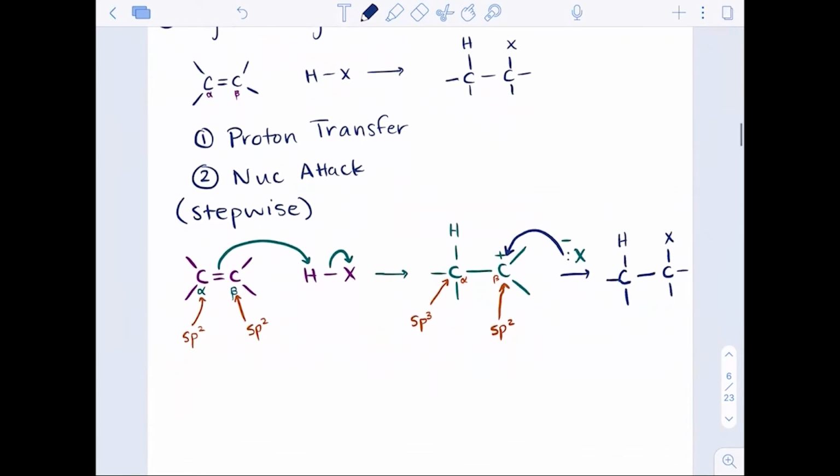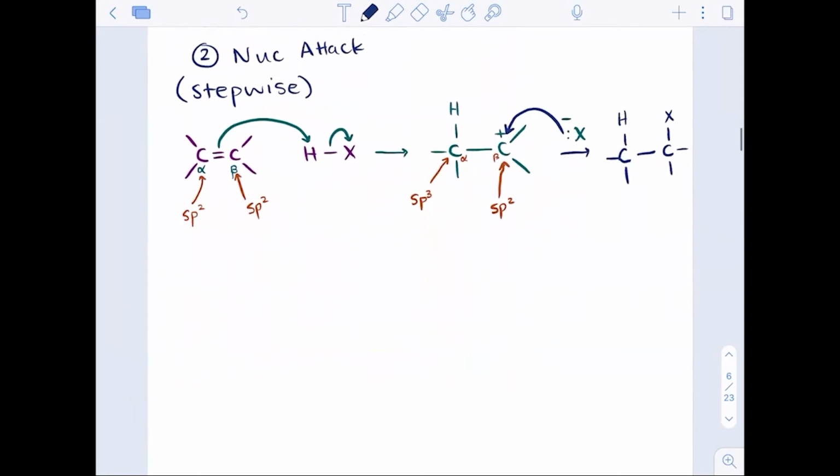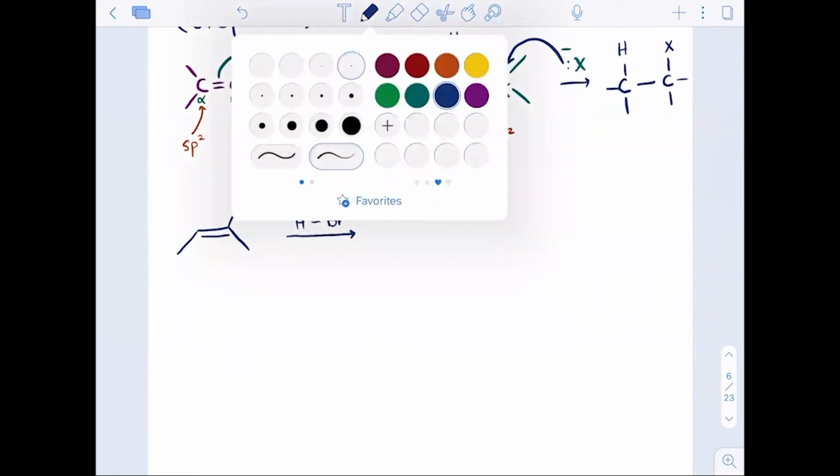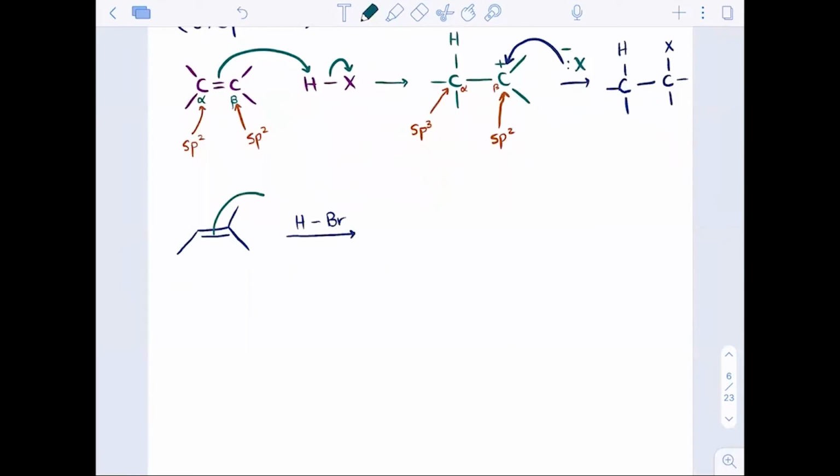So let's get into that real quick as we scroll up to identify a couple of specific things in this mechanism. I'm going to start off with this alkene. Now we are going to be able to see the regioselective nature given a specific alkene and a specific acid. First step, proton transfer.